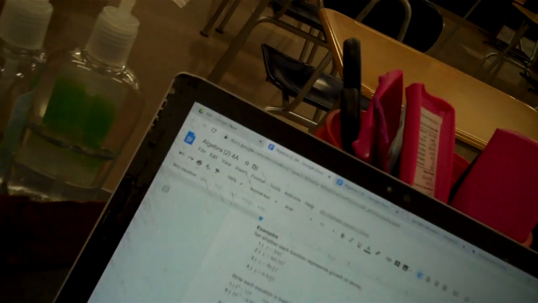Plus 2, because there's a 2 as a coefficient. Then x to the a, log, enter 10, enter y. Okay, there you have it.